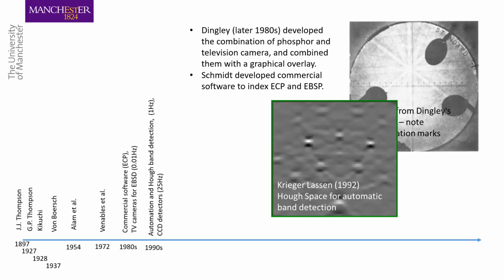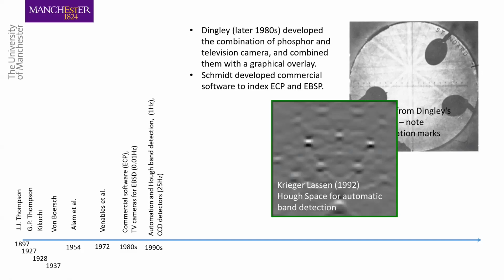So that created automation, which was at that time, with the old detectors, maybe one pattern a second, and this was quite a real speed. When we got this, I remember it was a huge thing, because until then you had to draw the bands. So if you got 10, 20 measurements a day, it was really an achievement.